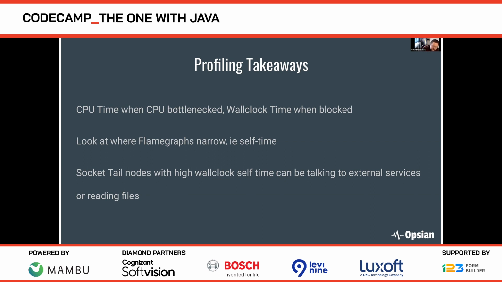Could be another microservice, could be a database, for example, if a stack trace is going through the database call. Or it could be reading files. And if it's reading files, you want to write or read less data, optimize your file layout rather than optimizing your CPU code necessarily. So that's kind of other things to think about when profiling.